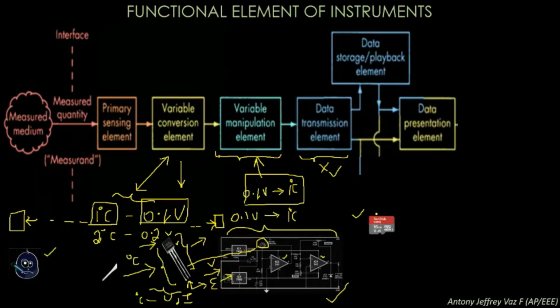Next, we are moving into the data presentation element. Here, the data presentation element represents how much temperature is present in the body of the human. This is represented by the display. Here, you can use an LCD display, a numeric display, or any other kinds of 7-segment displays.